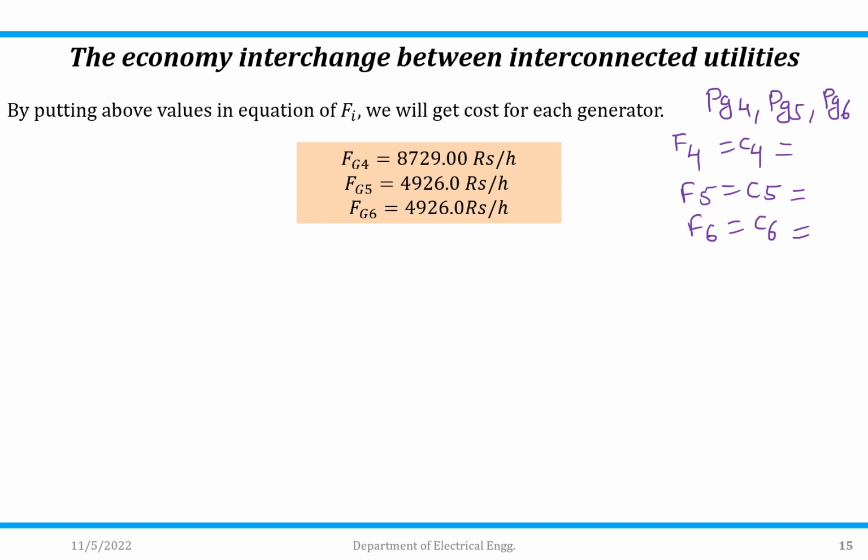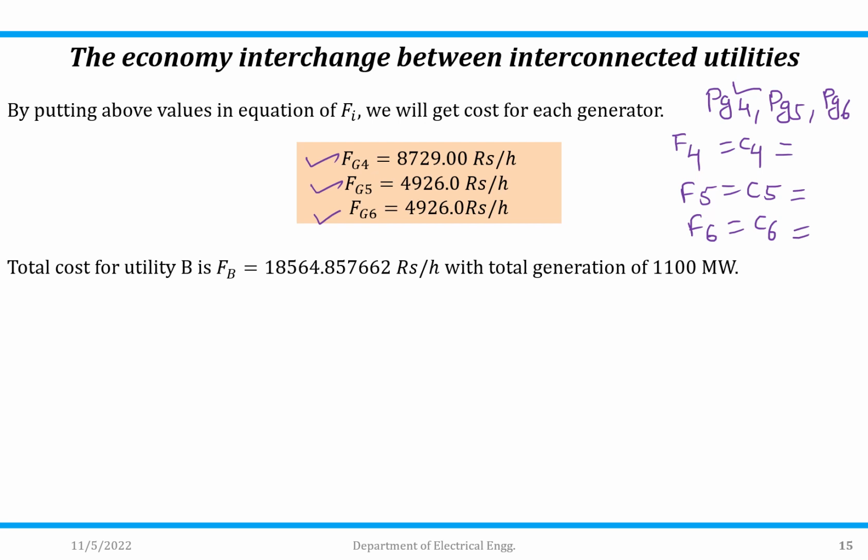Substitute the value of PG4 you got in the previous slide and you will get the cost of generation by generators 4, 5 and 6. So to produce the total load demand of 1100 megawatt, the total cost of generation by utility B is 18564.857662, obtained by adding FG4 plus FG5 plus FG6, which is equal to FB.